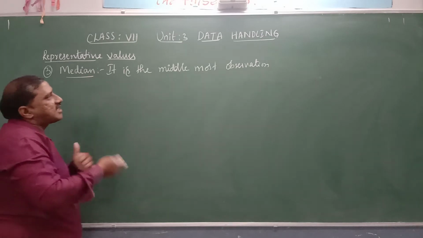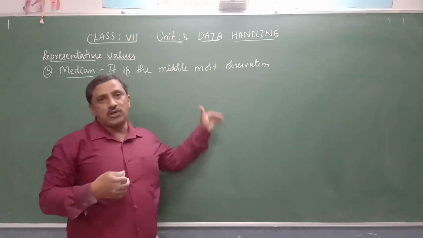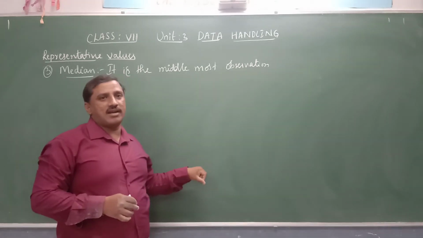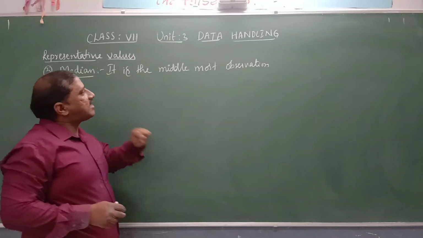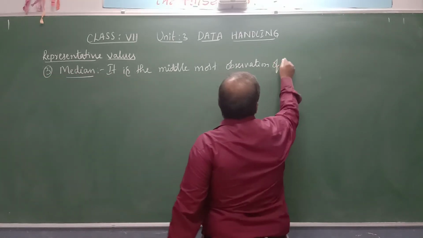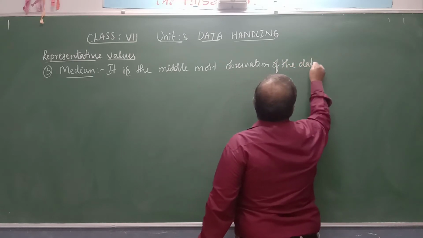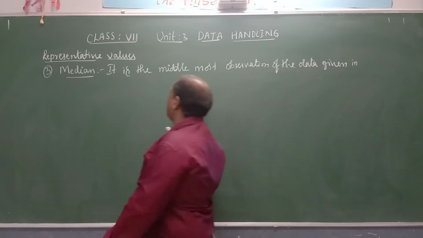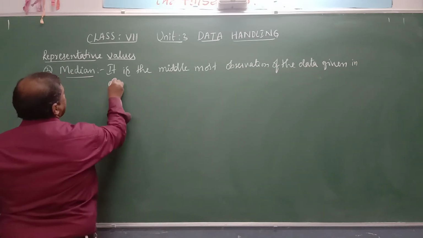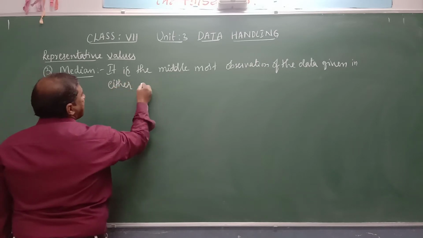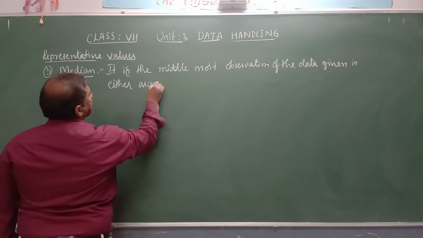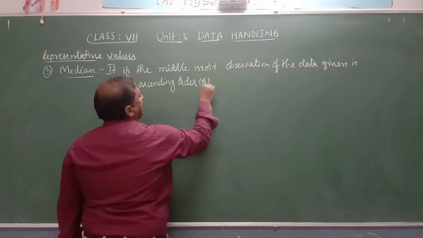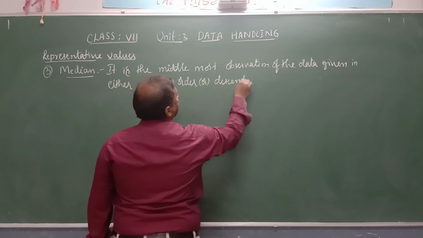How do you identify which is the middlemost observation? Again, you need to write the given data either in the increasing order or in the decreasing order.